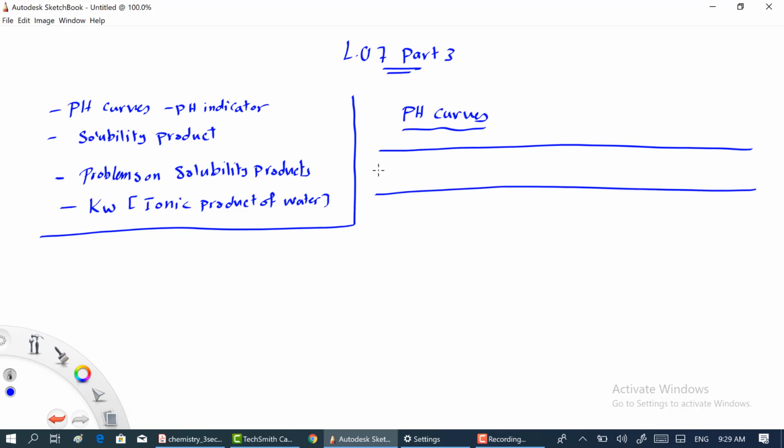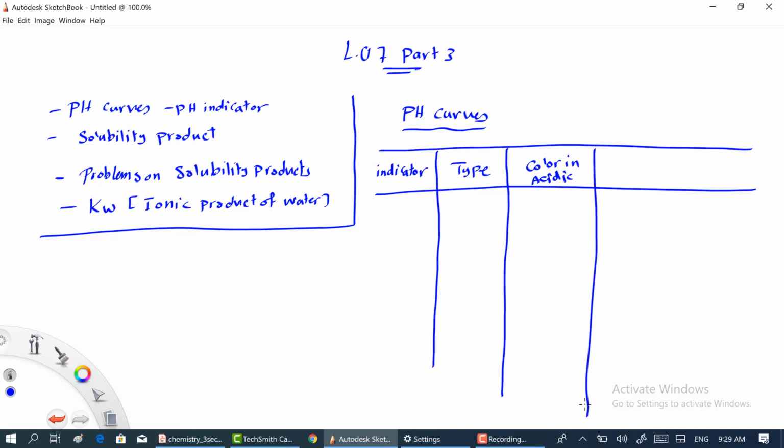So indicator, type, color in acidic medium, color in basic medium, and the range of work.